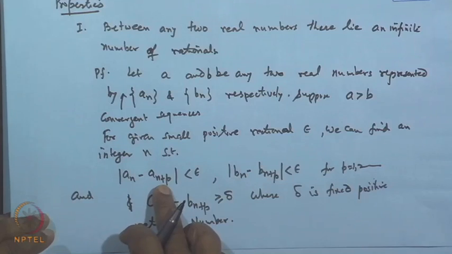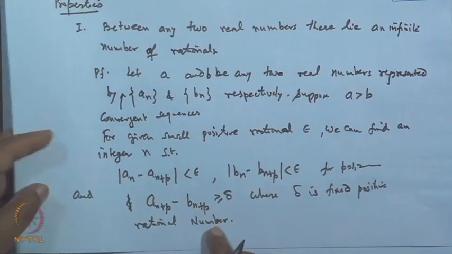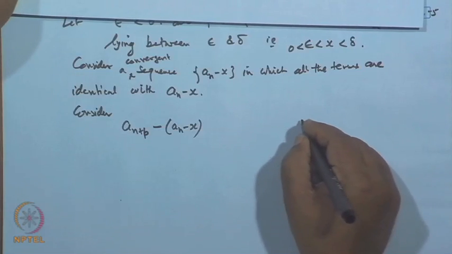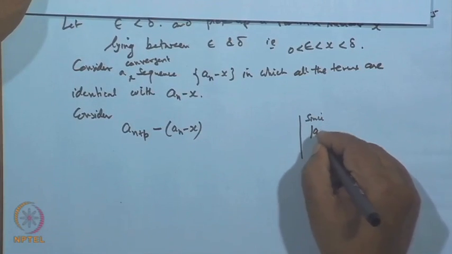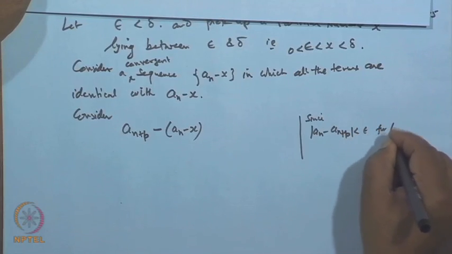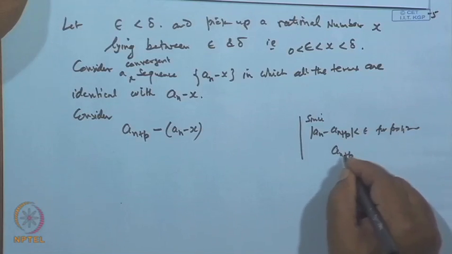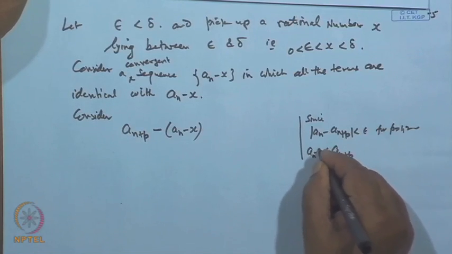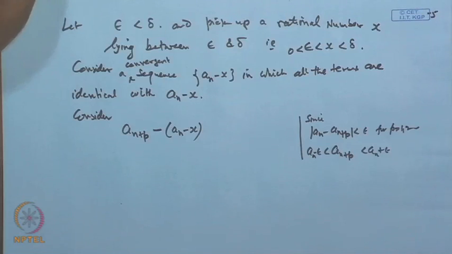It means a_(n+p) lies between a_n minus epsilon and a_n plus epsilon. So, from here we can say, since mod of a_n minus a_(n+p) is less than epsilon for p equal to 1 to 3, basically a_(n+p) lies between a_n minus epsilon and a_n plus epsilon, is it not?